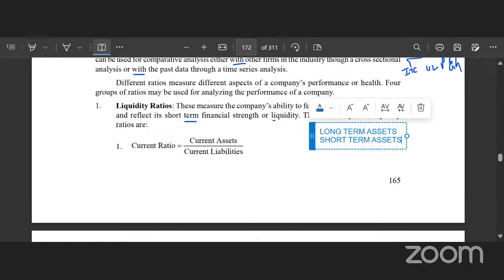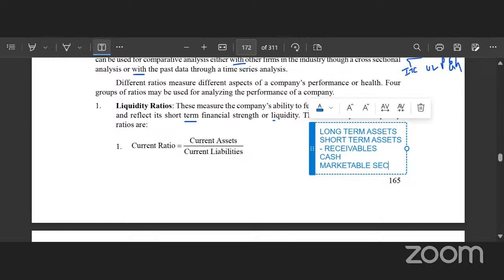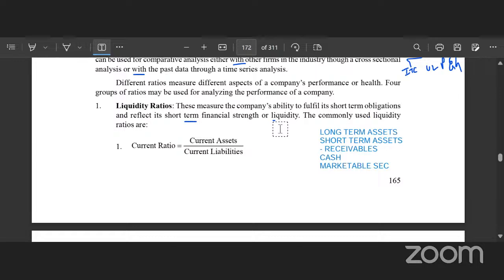When I talk about liquidity ratios, we focus on short-term assets, mostly receivables, cash, cash equivalents, marketable securities. So do we have enough current assets to meet the current obligations?